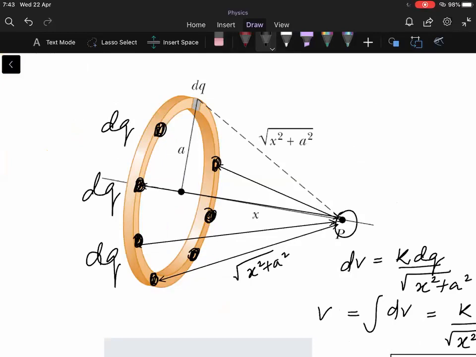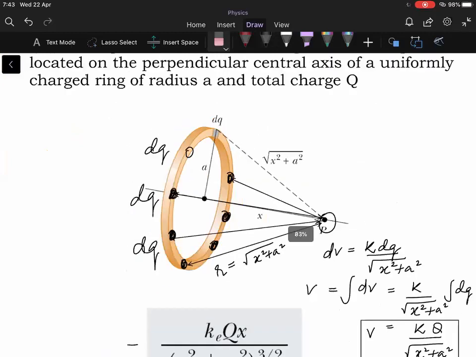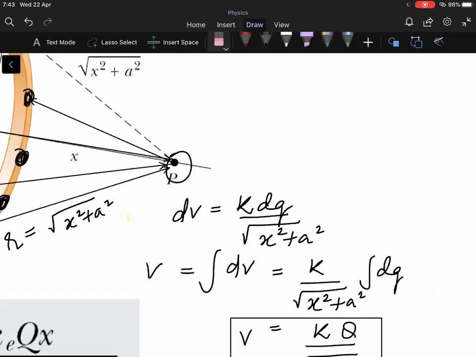So the distance R is under root of x square plus a square for all the elements. Now you will find the potential due to one element, that is k dq by R, and then you will integrate it. There is no need to take any components because it's a scalar quantity. So you will get this as the expression.